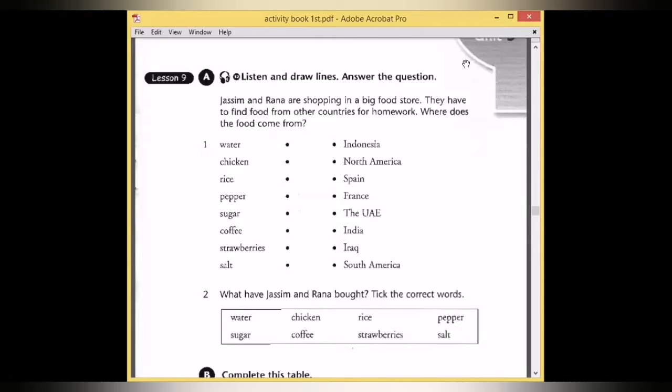So now let's do the exercise. So, first one, water. Where does the water come from? According to the conversation that you have just listened to. Yes. Water comes from UAE. Okay. Water from UAE. Chicken. What about the chicken?